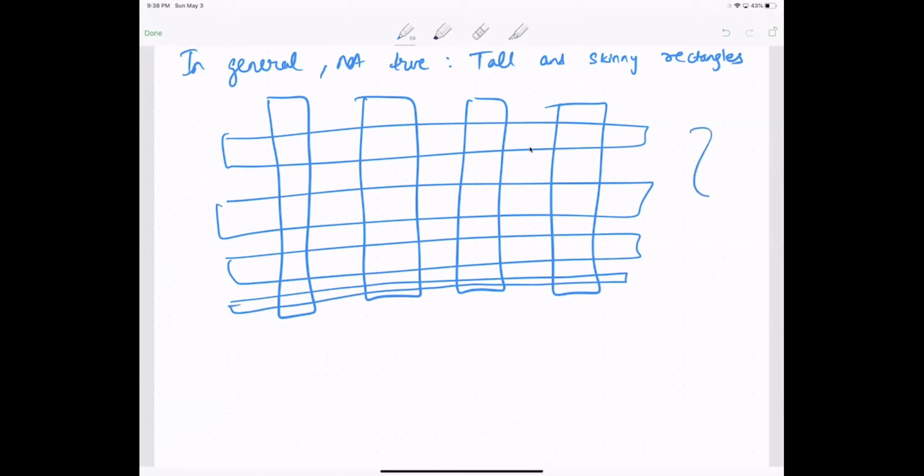I'm saying there are n over 2 rectangles like this, n over 2 like this.